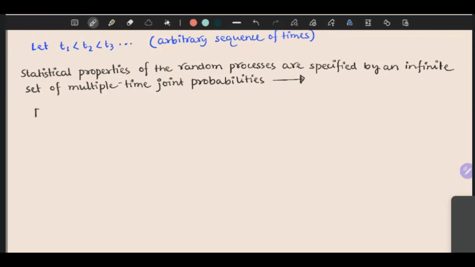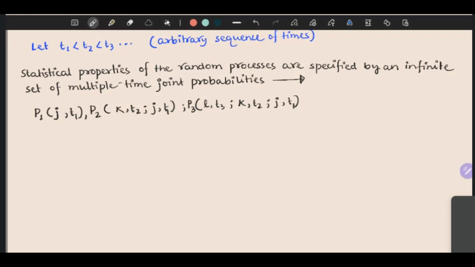Let's say the first point is P1 J1 T1, P2 J2 T2, this is K T2 given that J T1, or P3, let's say L T3 given that K T2 happening given J T1.